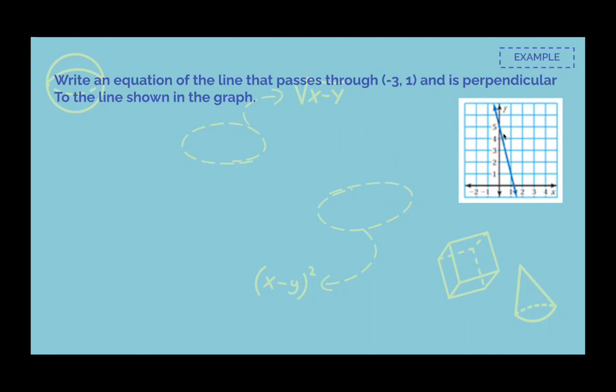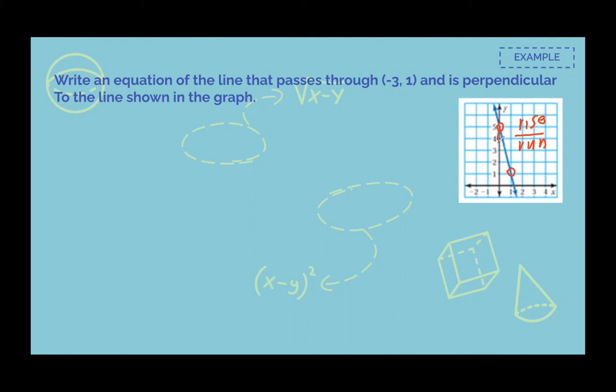We're actually given a graph here, so we can just count the rise over the run. Start from your leftmost point and make sure that you're using two solid points that have clear values. So I'll use (0, 5) and (1, 1). Now count from your leftmost point your rise.